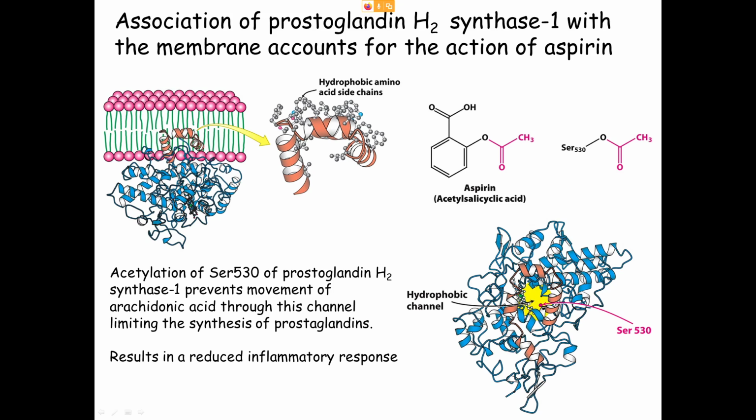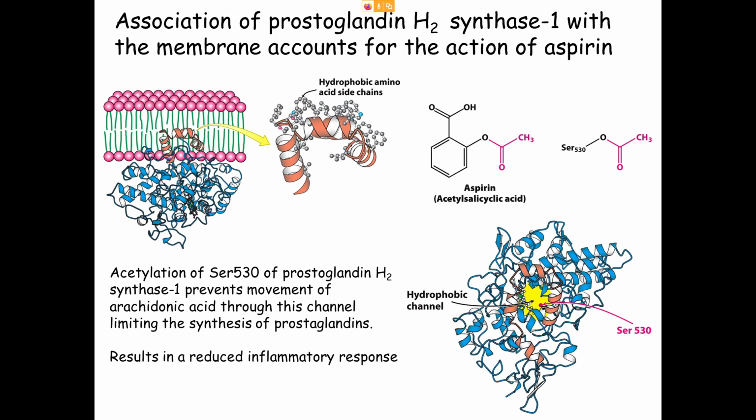And once it does fold up and puts this finger of helices in the membrane, it's stuck there. I'd hesitate to say anchor there because it's not a lipid anchor, but let's just say it's glued there, right? This loop of hydrophobic chains of amino acids here tend to keep this protein associated with the membrane.